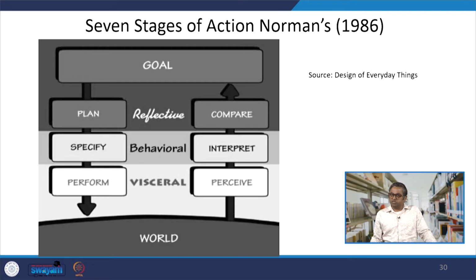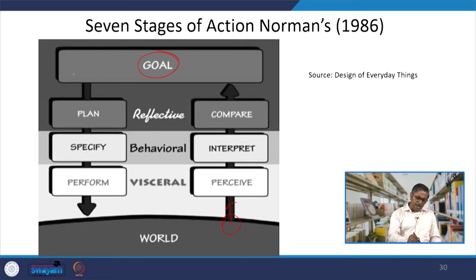What did he propose? He proposed that there is a goal state and we have to meet the goal state. From the world, from the external context, we move in this direction. There are 3 levels involved: gulf of execution and gulf of evaluation.